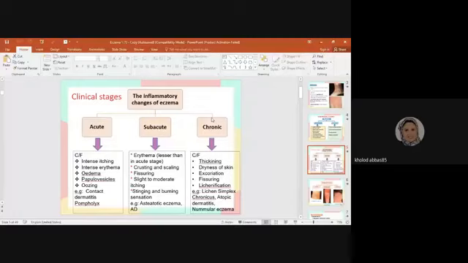Chronic form of dermatitis. Here, once we enter chronicity, we see no oozing process, no vesicles, no edema, less itching. In the chronic form there is thickening of the skin, dryness of the skin, excoriations, fissuring, lichenifications.